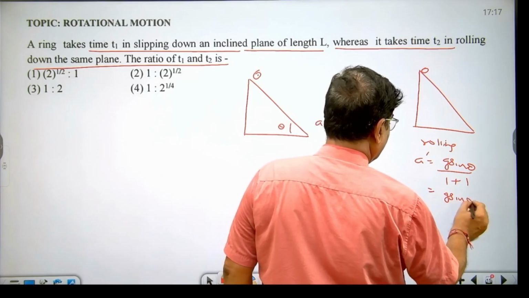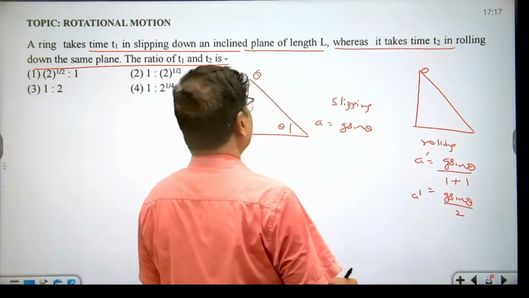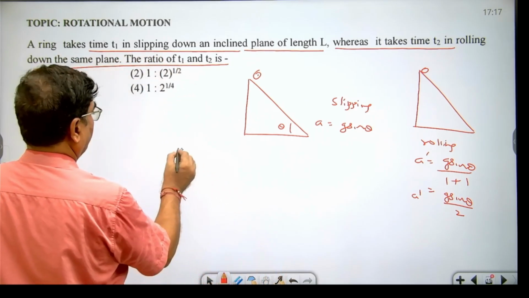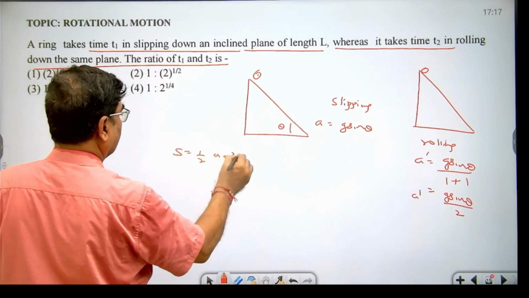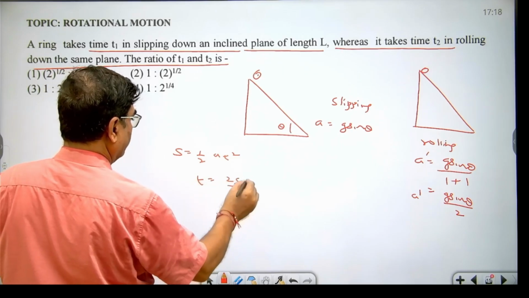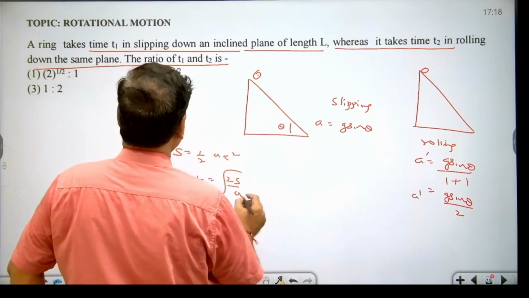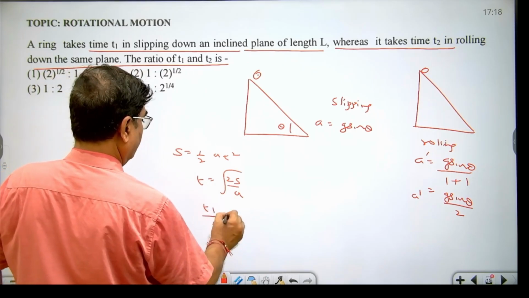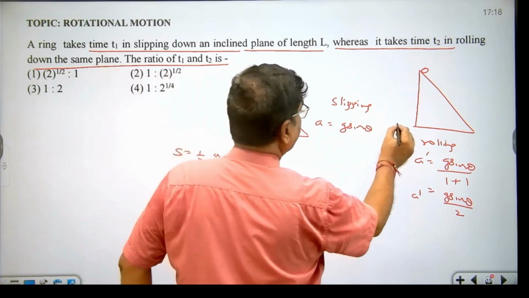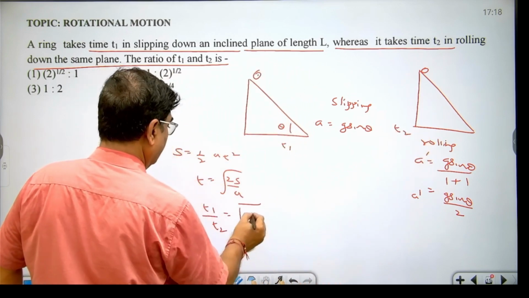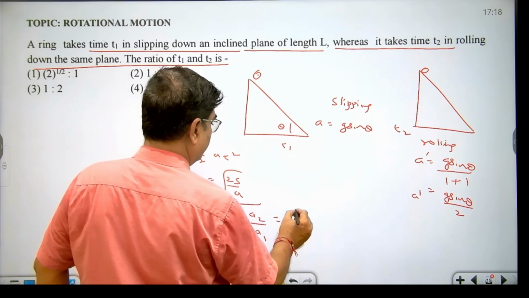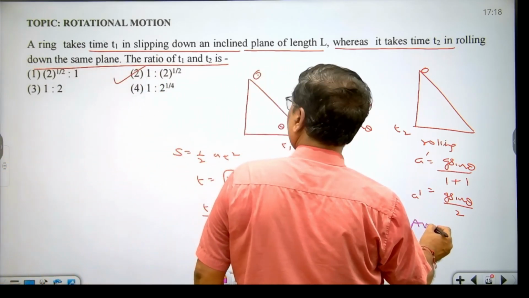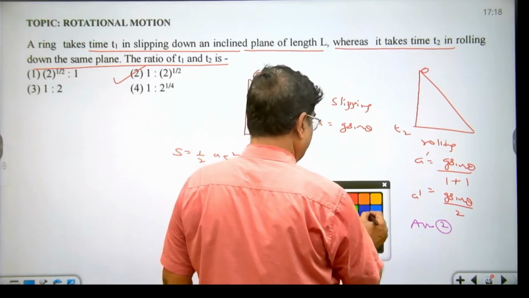So this is g sin theta upon 2. Now, time is being asked. s equals what? Half at square. So t is 2s upon a. s is same. So t1 upon t2, this is t1 and this is t2, equals under root a2 upon a1. So this is 1 upon root 2. So this is the option. Out of 4 choices, the correct choice is option 2.